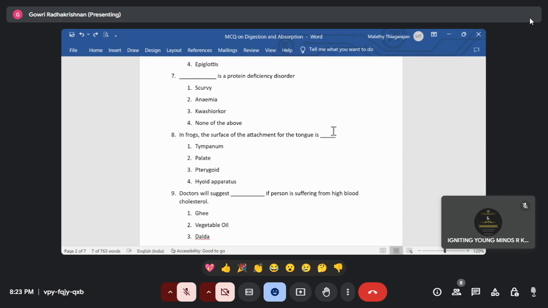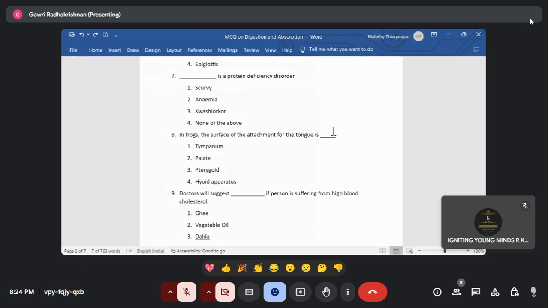Even cell respiration doesn't happen properly, you won't have energy, and many organs don't function properly. That's why you are very weak, you lose weight, and hair, skin and nails go bad when you are anemic. I'm talking about the extreme condition.